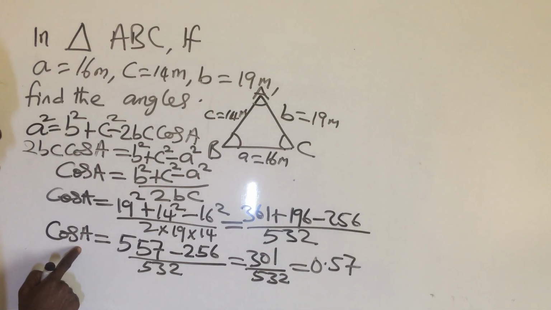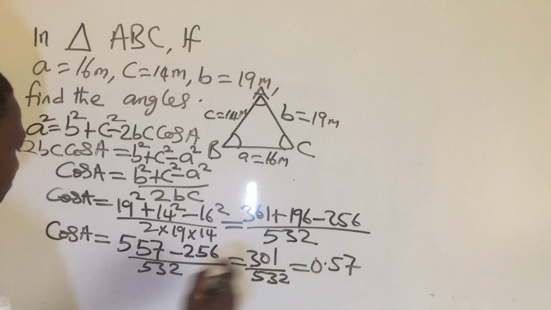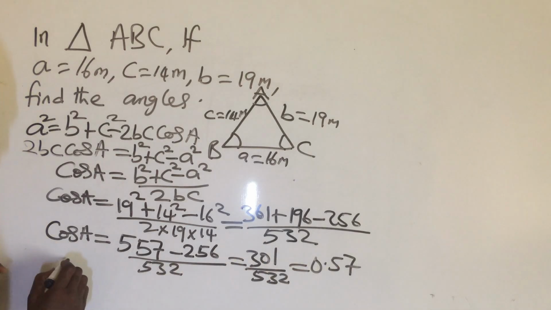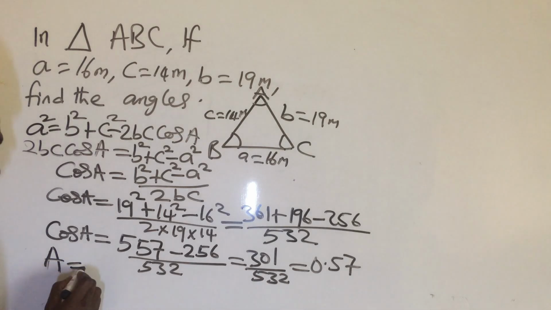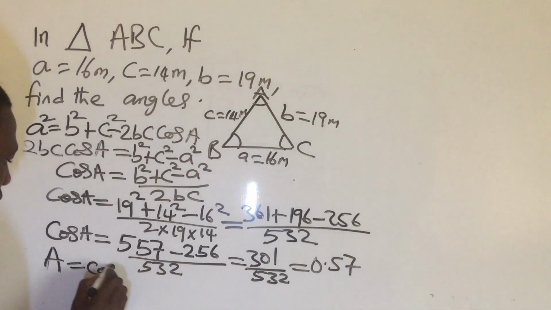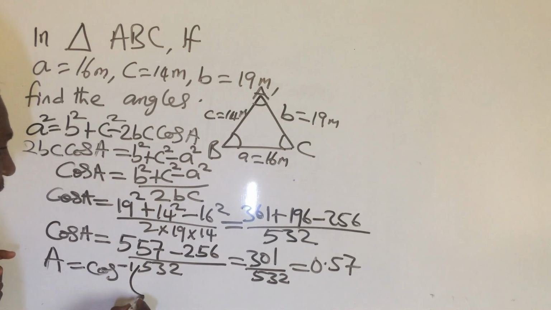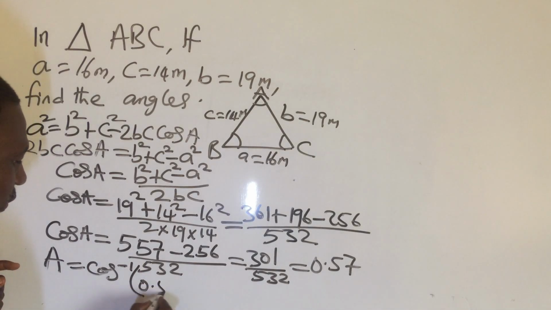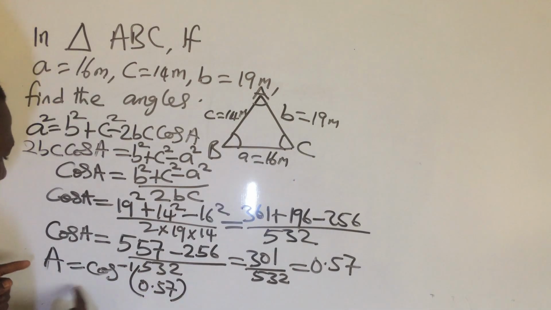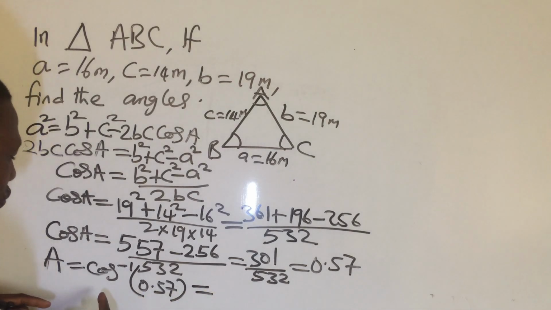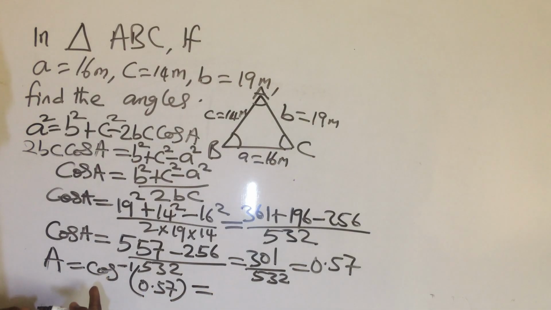Now we find the cos inverse of 0.57. Cos inverse means A equals cos inverse, which is raised to the power minus 1, in bracket 0.57. We use our calculator which has cos inverse on it to find this value finally.